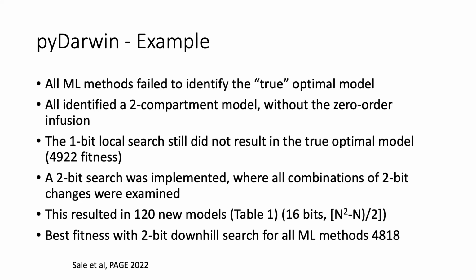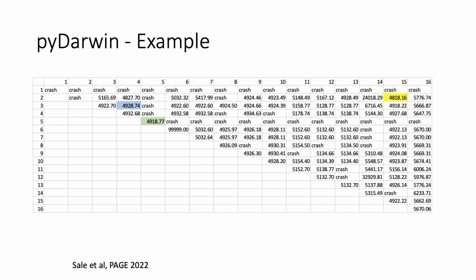So to illustrate this, the table here shows an upper triangular matrix of objective function values. On the diagonal, you have the 1-bit changes.